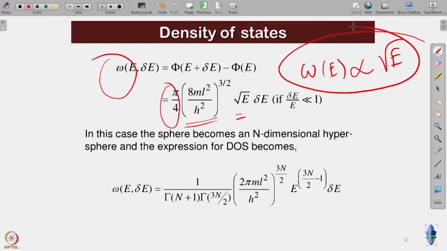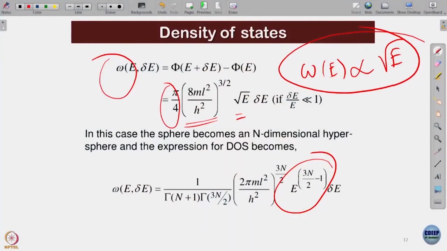Now there is one more very interesting result that comes. Now we do not have one particle, we have n number of particles. So we do not have a sphere, we have a hypersphere, and in a hypersphere the volume goes as 3 to the power n by 2, and then you can do exactly the same derivative. 3n by 2 becomes minus 1, and in the volume there is the gamma function, gamma of 3n by 2 plus 1, and gamma n plus 1 is nothing but n factorial.